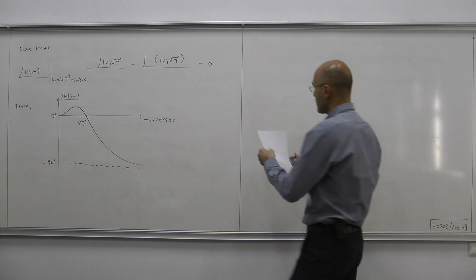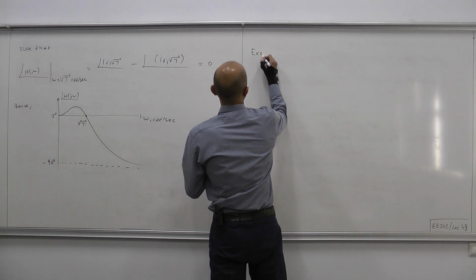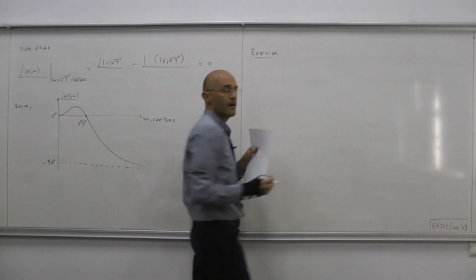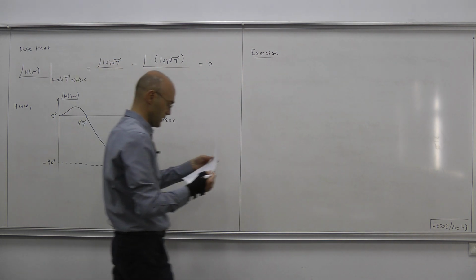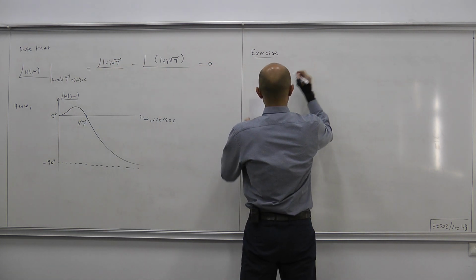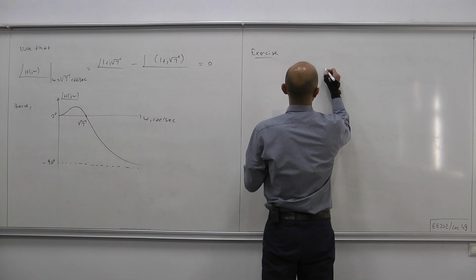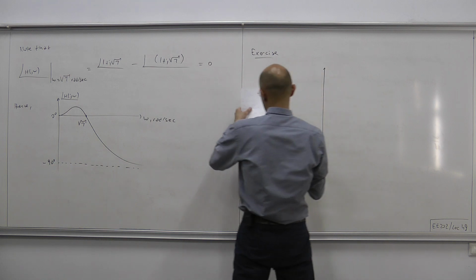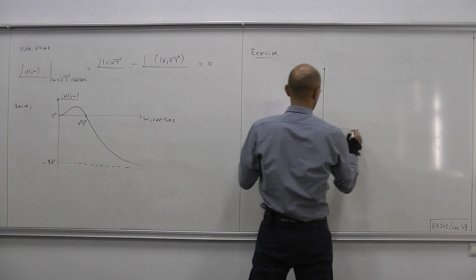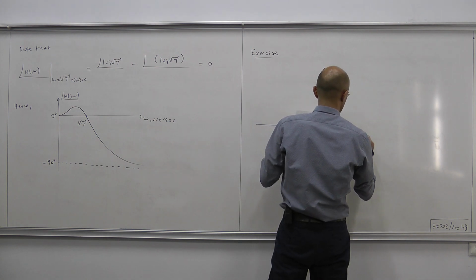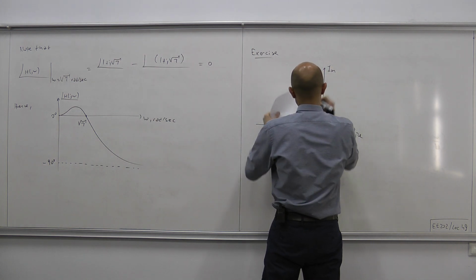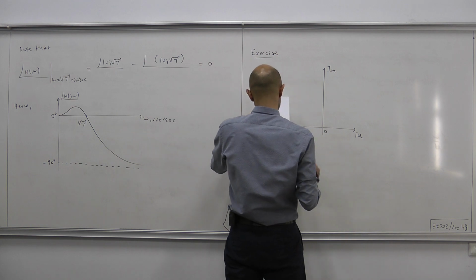Let's quickly remember what the pole-zero diagram was for our example. It's the real axis, this is the imaginary axis, the origin.